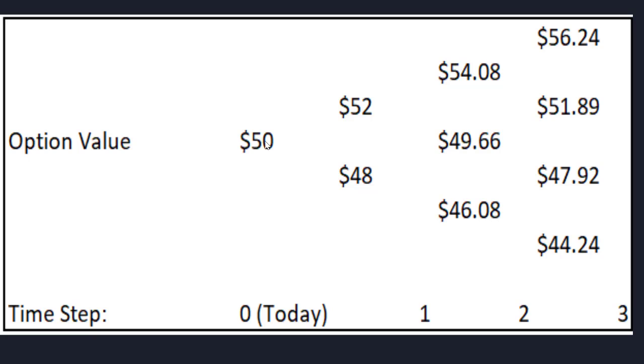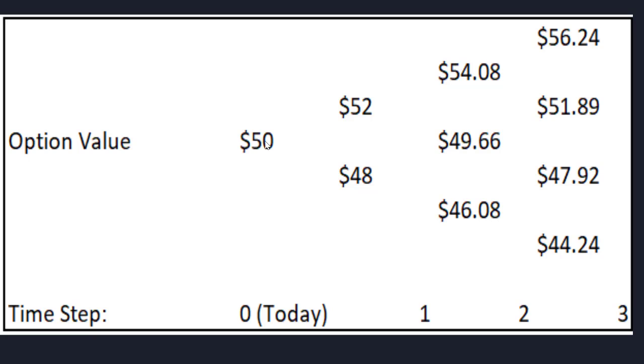It could go either way, either it could go to 52 or it could go to 48, and from 52 it could go to 54 or 49. So in a way you can see that there are three legs to it. So from 0, which is today, it can go up or down, and from 52 it can go again up or down, from 54 it can go up or down.